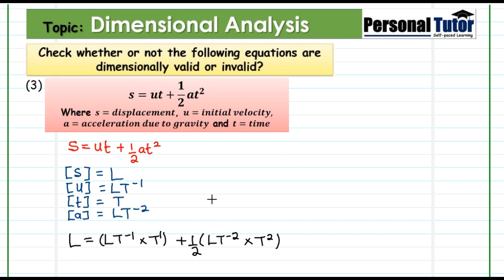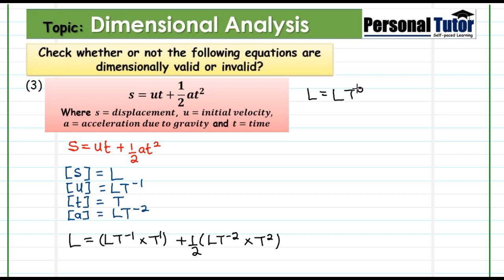The left hand side still maintains the L equals, now multiplying u times t, that is LT negative 1 times t exponent 1, the L will be maintained, but the t will be multiplied, and the exponent will be added. Per the rules of indices, negative 1 plus 1 is 0.